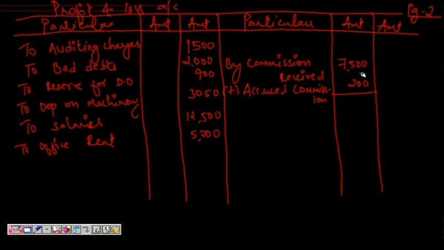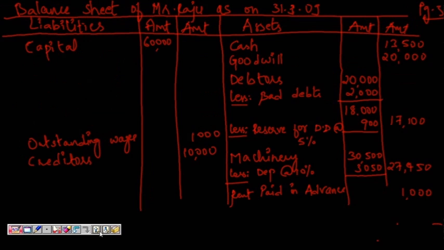Then if you add 7,500 plus 200, it is 7,700. Since it is not yet received, it is to be received, the second effect of this will come in the balance sheet asset side. Rent paid in advance is an asset as well. Anything to be received is also an asset. So write here accrued commission. Don't write commission to be received, write here accrued commission. Value of that is 200. Write only the adjusted value. Okay.